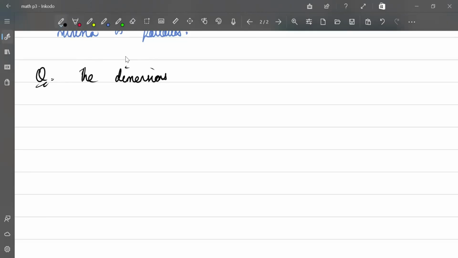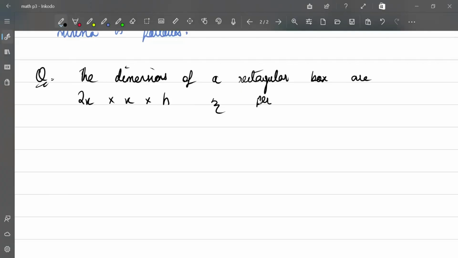The dimensions of a rectangular box are 2x into x into h, and the perimeter is equal to 72 centimeters.